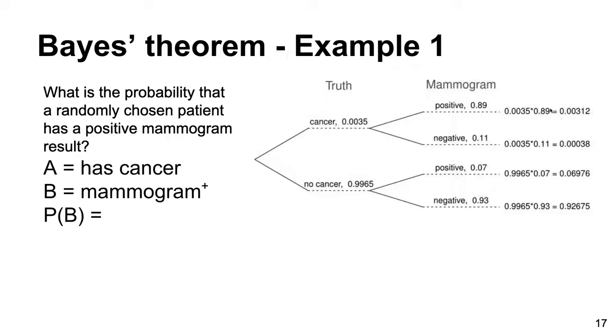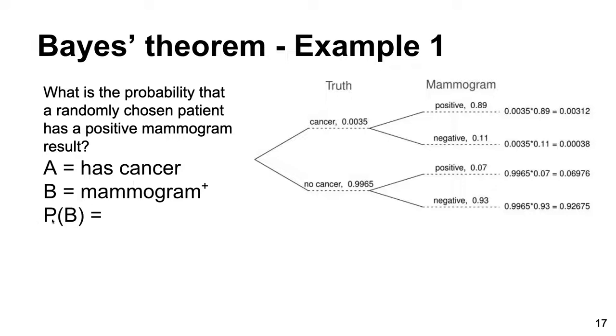That's the joint probability right here. Now these four numbers in this column have to add up to 1. The numbers in this first column are the marginal probabilities. The numbers in the second column are my conditional probabilities. And the numbers right here are my joint probabilities. These have to add up to 1.